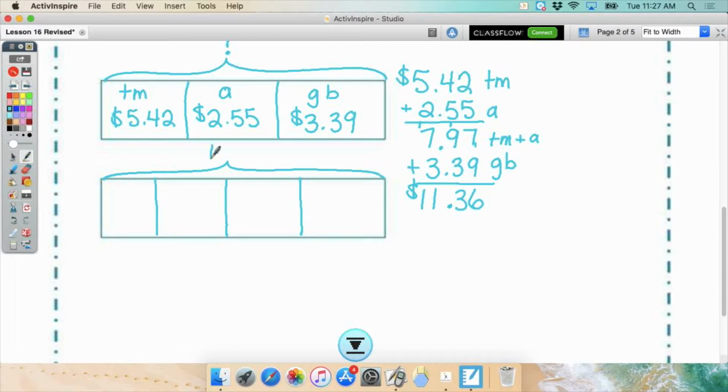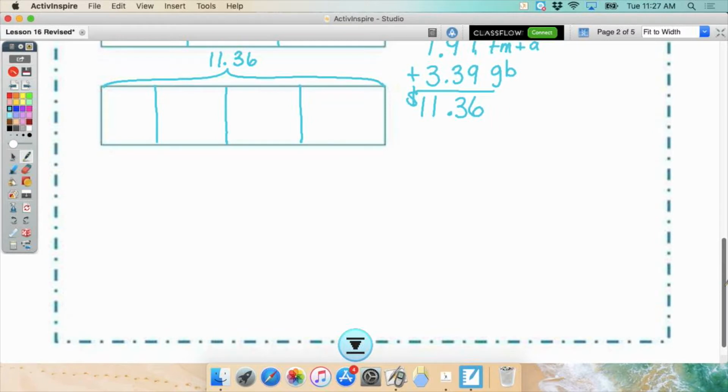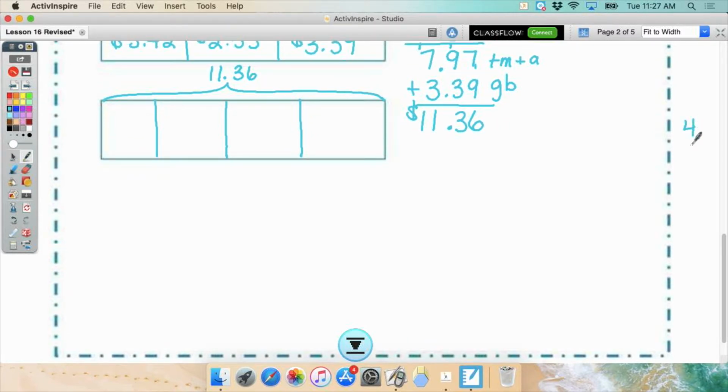And what's my total here? $11.36. Okay, and I'm dividing by 4. So what will I skip count by? 4. Okay. I can't remember how far I go on this.